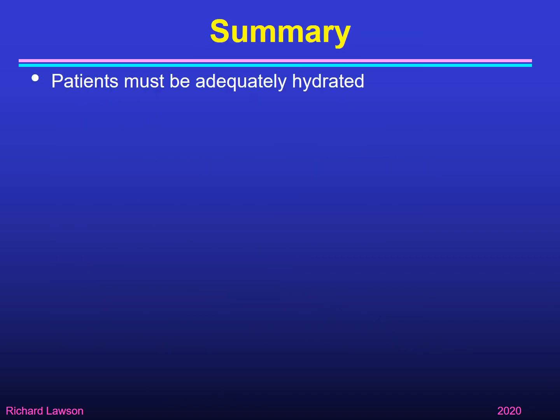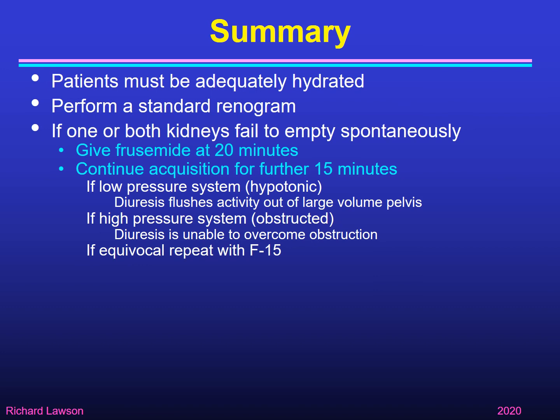So in summary, for diuresis renography, patients must be adequately hydrated. You perform a standard renogram, and if one or both kidneys fail to empty spontaneously, you give furosemide at 20 minutes. You can continue the acquisition for a further 15 minutes, and if it's a low pressure system, that is a hypertonic system, then the diuresis will flush the activity out of a large volume renal pelvis.